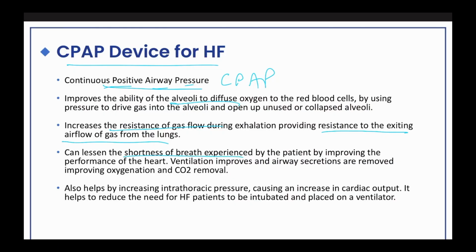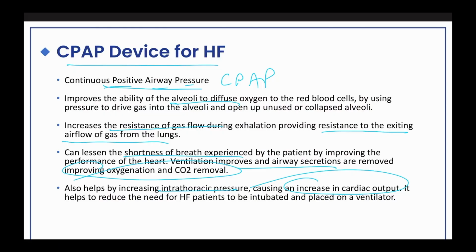Can lessen shortness of breath experienced by patients, improving performance of the heart. Ventilation improves and airway secretions are removed, improving oxygenation and CO2 removal. And helps with intrathoracic pressure, causing an increase in cardiac output.